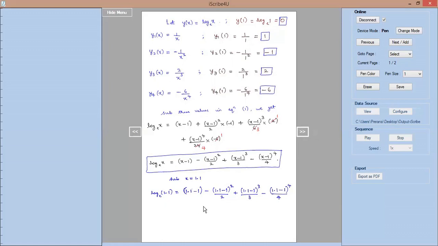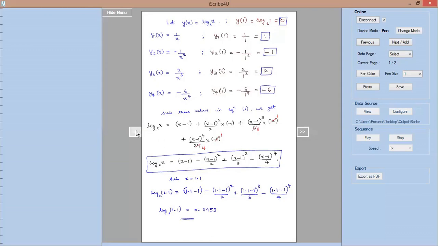Log of 1.1 to the base e is equal to, we get, this is approximately 0.0953. We have rounded off our answer to the third decimal place.